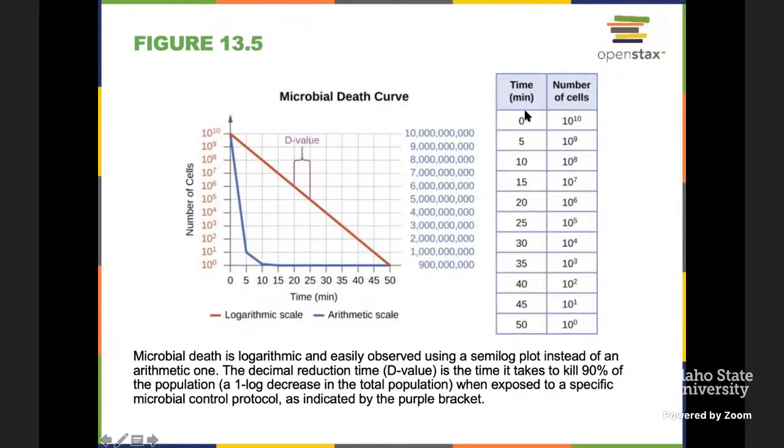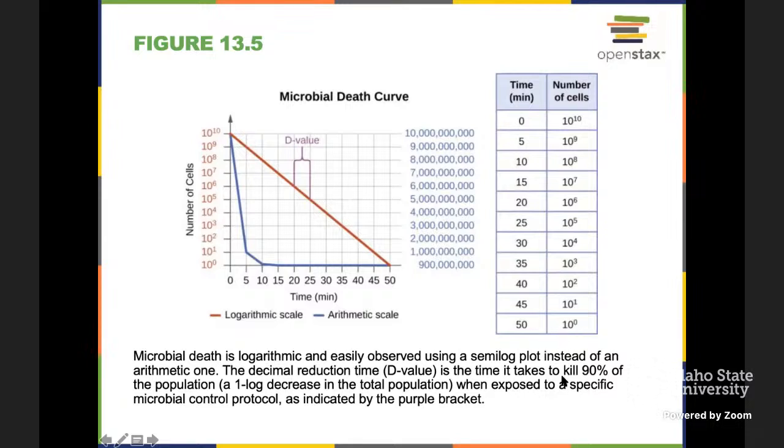And we can see over here the time and the number of cells as we move through here before it's applied. You've got a billion, and then we start dropping it down every 5 minutes. We're looking at it until after almost an hour, we get down to 10 to the zero.